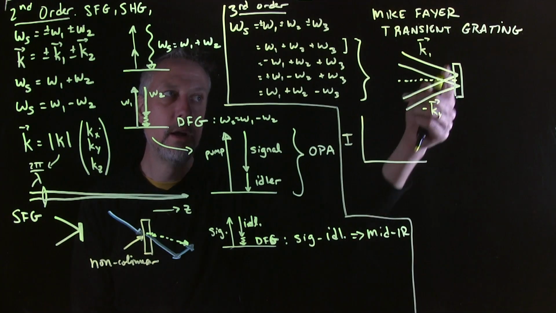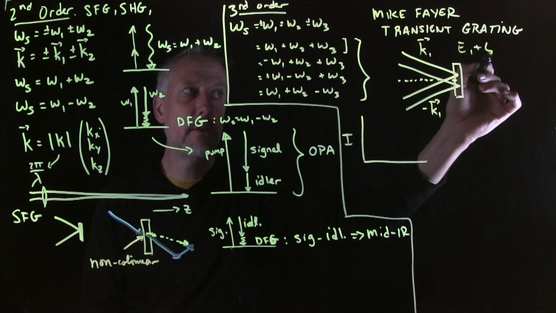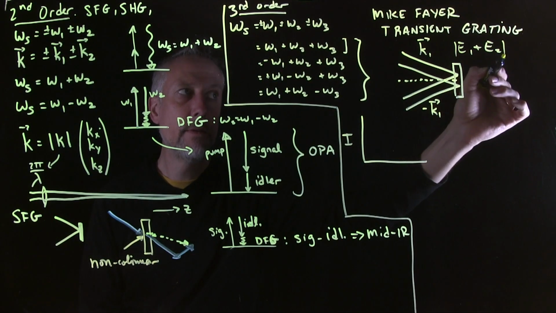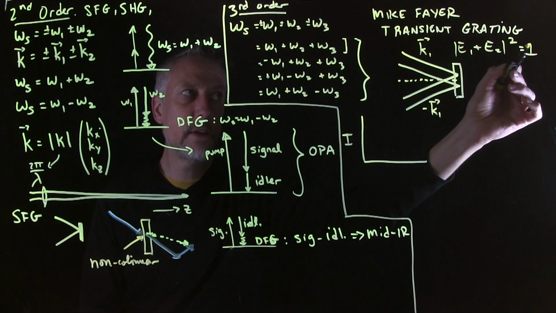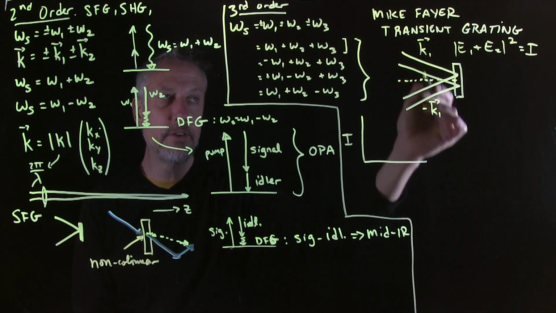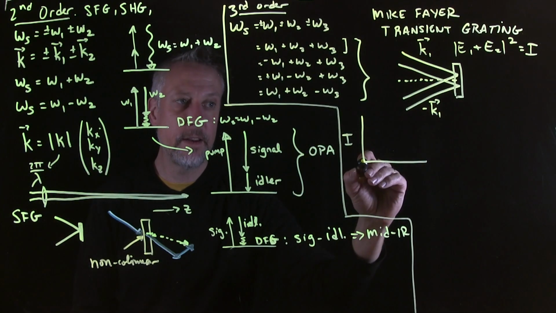Take the modulus squared of the field. The field is now E1 plus E2, but E1 and E2 are the same. They just have a slightly different wave vector, and then you make the square. That's the intensity at this sample here. So what's going to happen? Because of the difference in the wave vector, one's pointing this way and one's pointing that way, they make a standing wave.